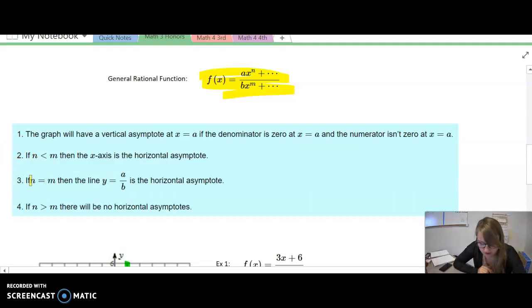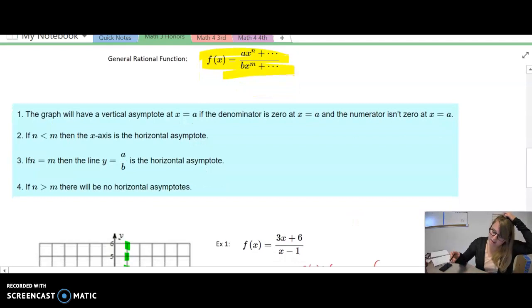Fact 2: if n is greater than m, then the x-axis is the horizontal asymptote. n and m are the exponents on x. They're both 1, so fact 2 doesn't have anything to do with this. Fact 3: if n equals m, then the line y equals a over b is the horizontal asymptote.